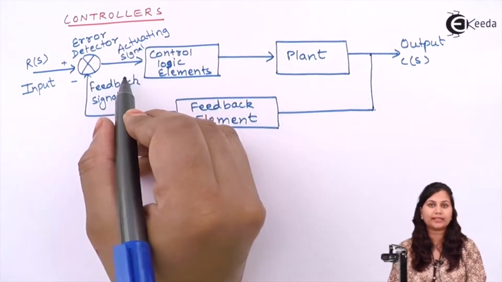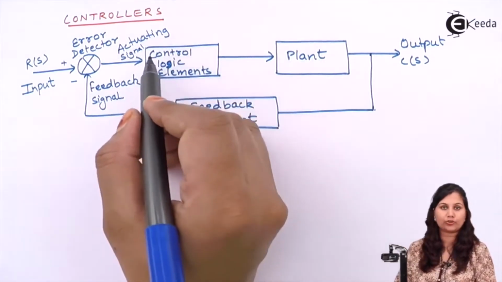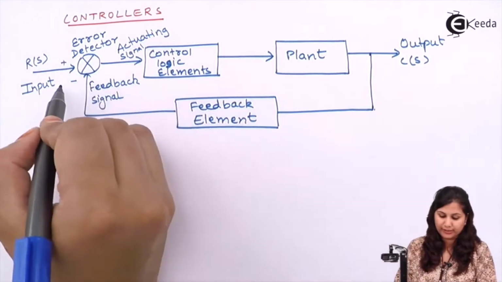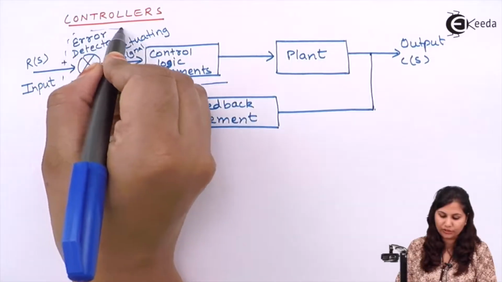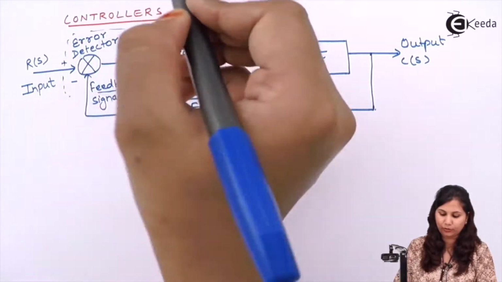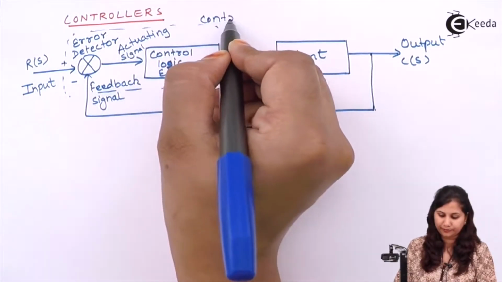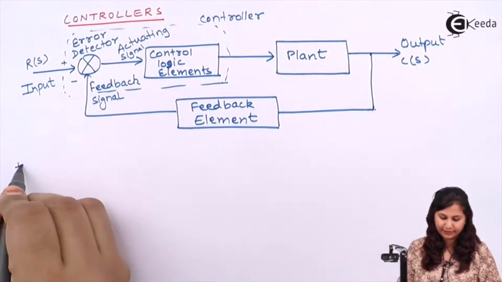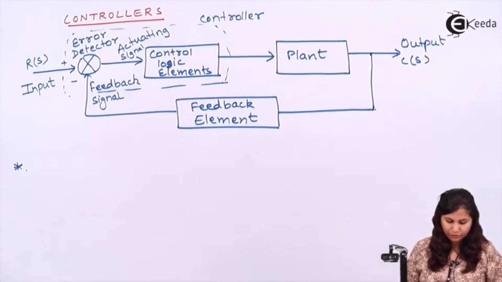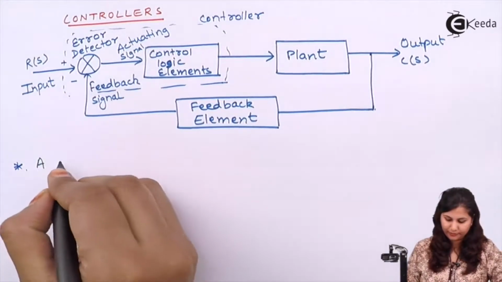And this actuating signal is then given to the control logic elements. So this complete setup, the error detector plus the control logic elements, is collectively known as a controller. So how can we define this controller?